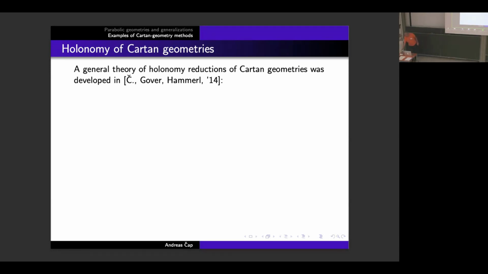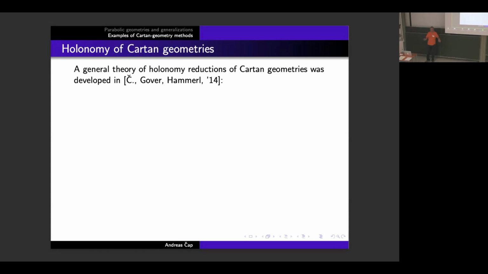But somehow a major feature of holonomy of Cartan connections got missed in these discussions. And this was sorted out in a joint article with Roth-Gower and Matthias Hammerl a few years ago. It is a very general theory of holonomy reductions for Cartan geometries.